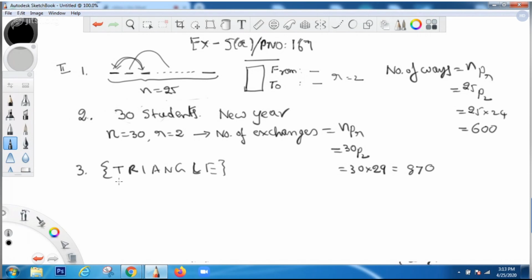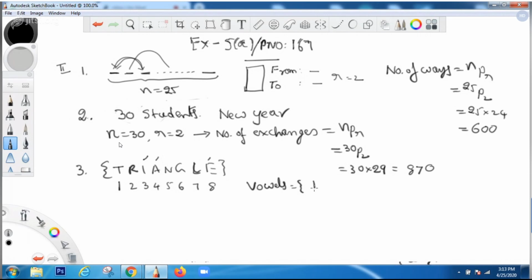T's position is 1, then second, third, fourth, fifth, sixth, seventh, eighth. These are the positions of the letters. Among them, what are the vowels available in TRIANGLE?